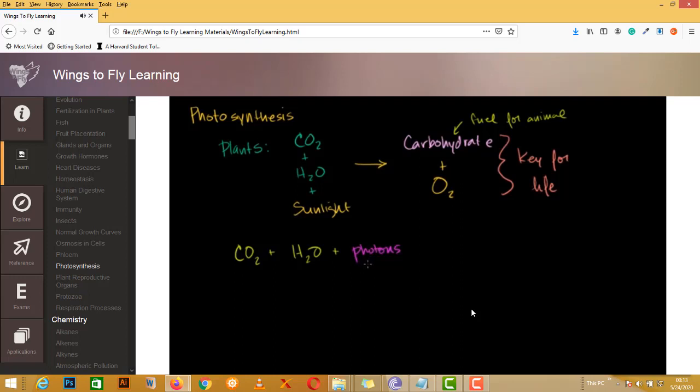That excited electron goes to a high energy state, and as it goes to a lower energy state, we're able to harness that energy to produce ATPs, and you'll see NADPHs, and then those are used to produce carbohydrates, but we'll see that in a little bit. But the overview of photosynthesis, you start off with these constituents, and then you end up with a carbohydrate. And a carbohydrate could be glucose, doesn't have to be glucose.